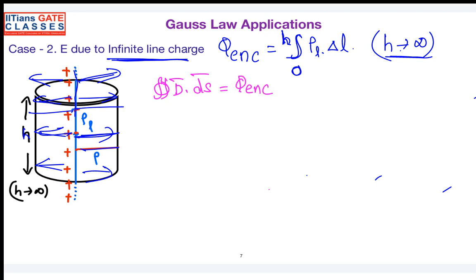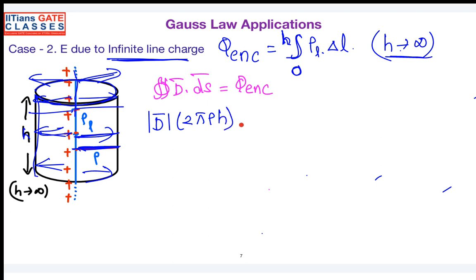Flux density is constant. What is the surface area of the cylinder? The cylinder has a radius of rho and height h, so the surface area will be 2 pi rho L into h, with h tending to infinity.